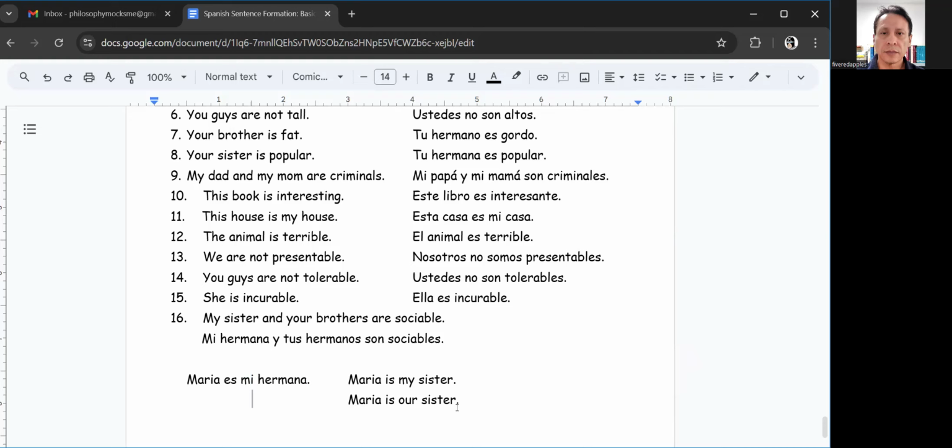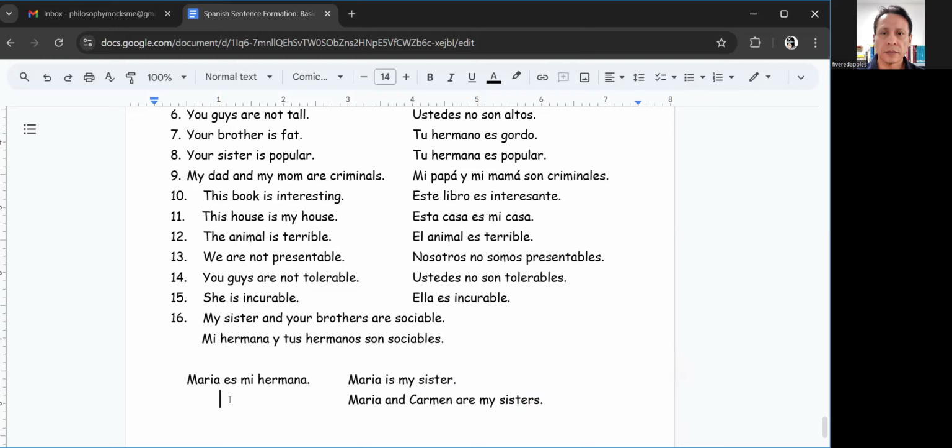In English, I can say "my sisters, Maria and Carmen are my sisters." It's still "my", right? Because I'm just talking about myself. I'm referring to myself only. And the "my" is saying I'm referring to myself only. It has nothing to do with sister or sisters. That's why "my" doesn't change.